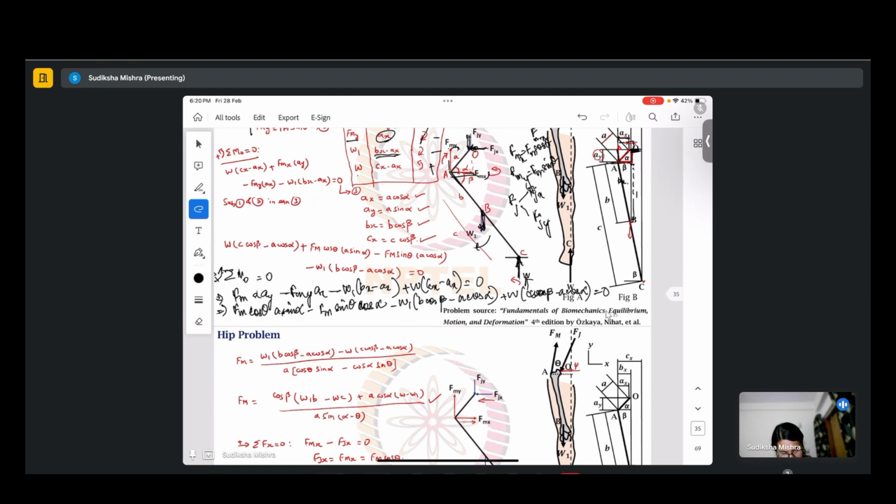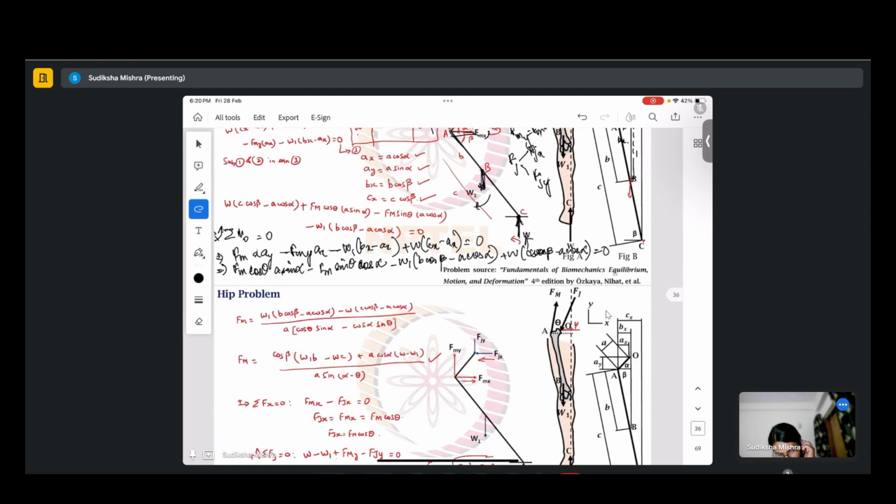Then you can take all the terms that are common to one side, so Fm into a, Fm into cos theta sin alpha minus sin theta cos alpha, plus w1 (b cos beta minus a cos alpha) plus w(c cos beta minus a cos alpha).